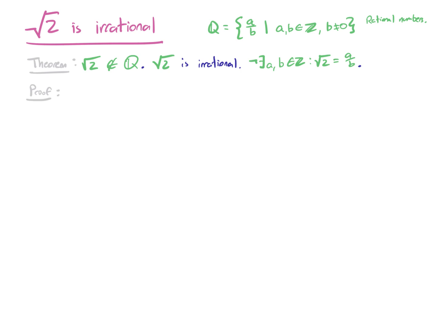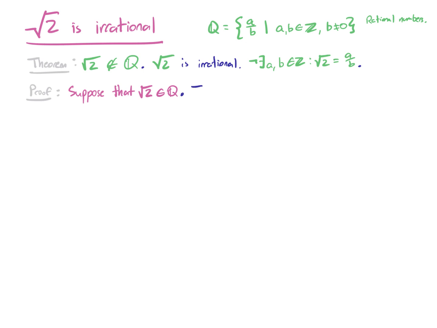Okay, so I'm going to start by supposing the opposite of what I want to prove. I want to prove that the square root of 2 is not in the set of rational numbers. So I'm going to suppose that the square root of 2 were in the set of rational numbers. This is what I'm going to show leads me to an impossible situation.